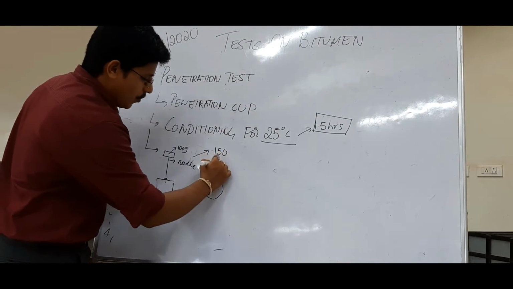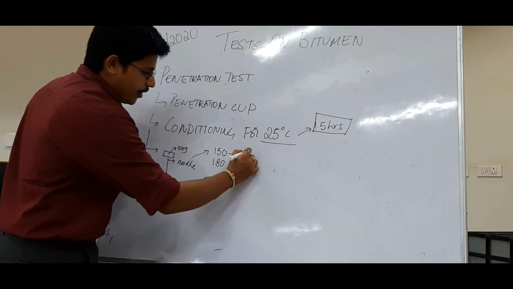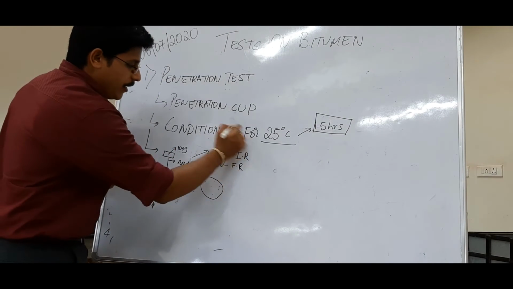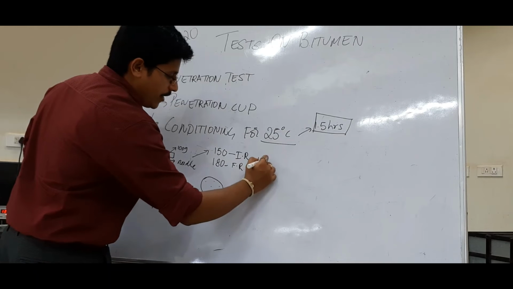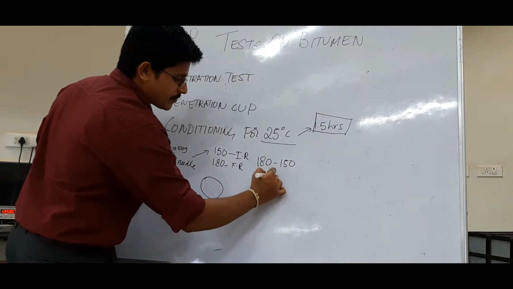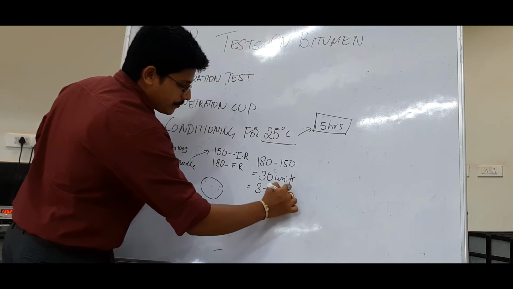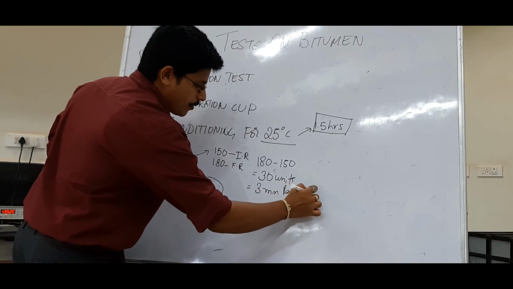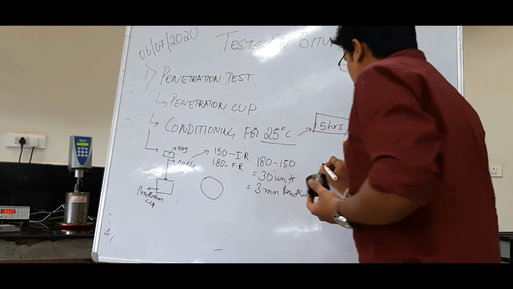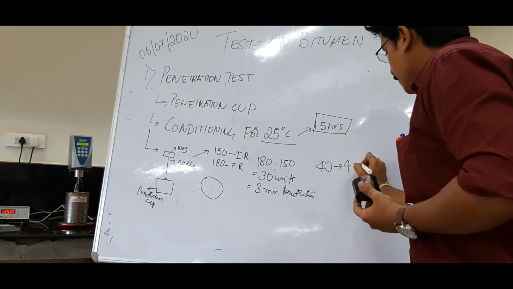Let's say now this is 180. This is the initial reading and this is the final reading. The difference between them gives us the penetration, 180 minus 150, that is 30 units. Now 30 units stands for 3 mm penetration. If you get a value of 40, then 40 stands for 4 mm penetration.